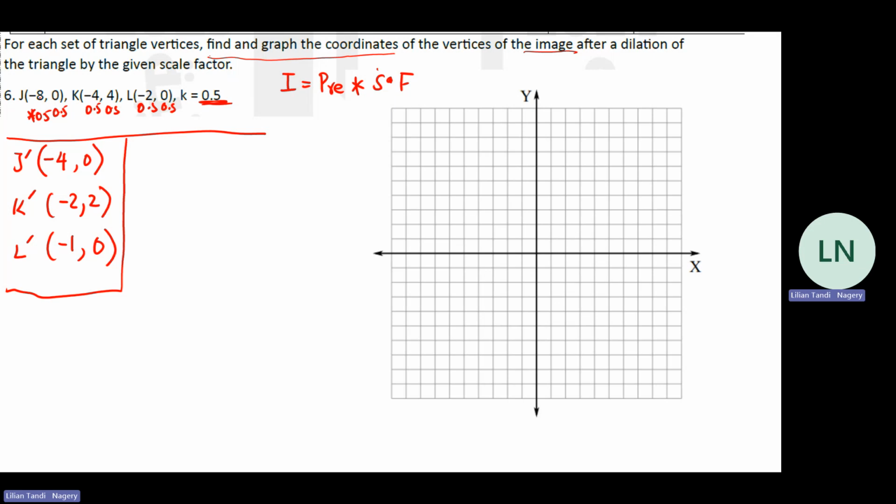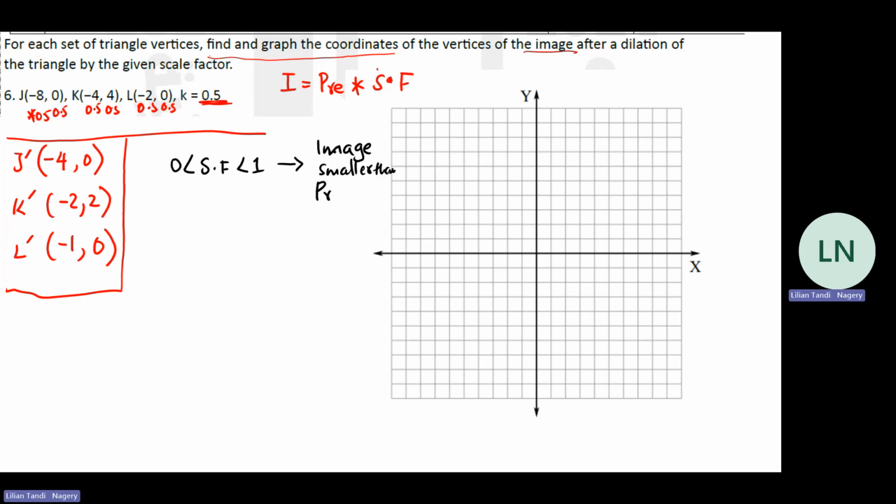Now you must graph. So you must graph both the pre-image and the image. Now your pre-image will be bigger than your image. How do I know? Because my scale factor is between 0 and 1. Remember, we have canons for scale factor. If your scale factor is between 0 and 1, then that means your image will be smaller than the pre-image.